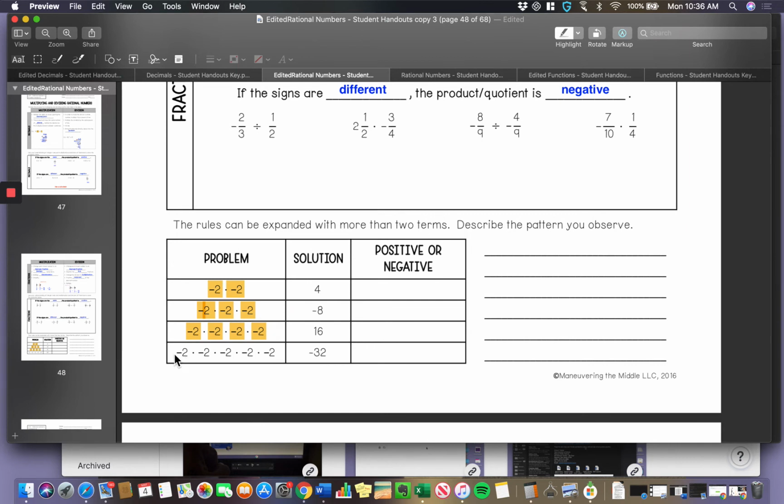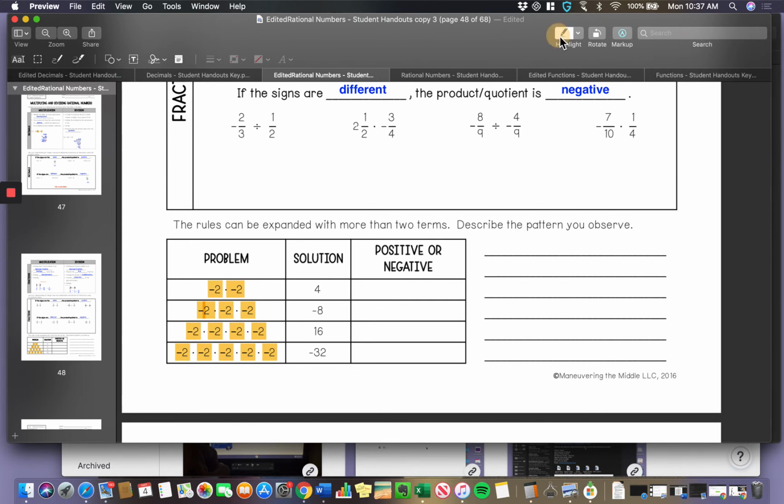And this one has five terms. So the rules can be expanded, right? So describe the pattern I see.